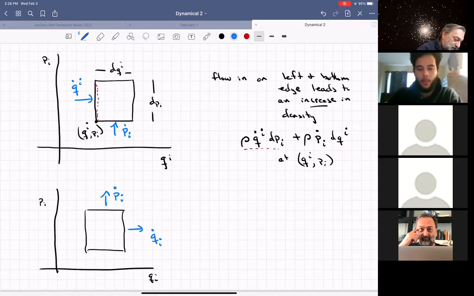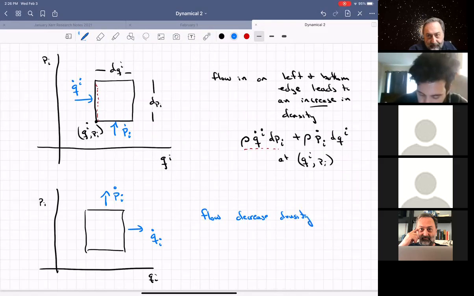So now these flows are going to decrease the density. These would be flows out of the region for positive p dot i and positive q dot i along the top edge and along the rightmost edge, causing a decrease in the density.